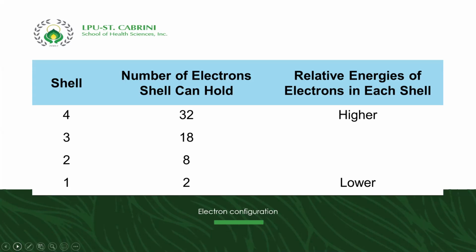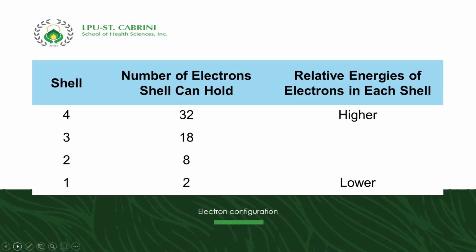Meaning to say, shell 1 can only contain 2, which is the lowest. Shell 2 can contain 8. How come shell 2 can contain 8? We have the one 2s and the three 2p's: the 2px, the 2py, and the 2pz.